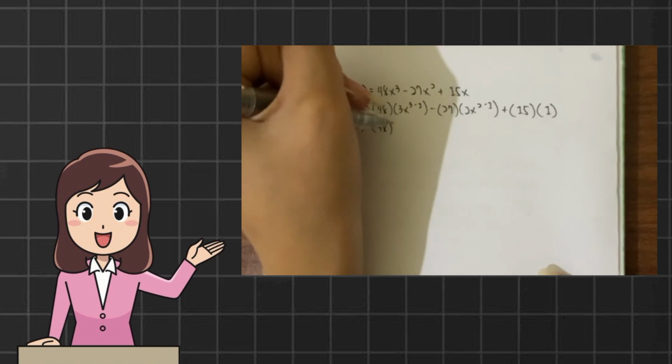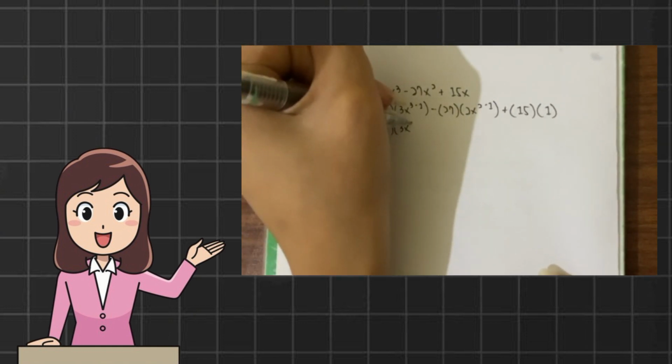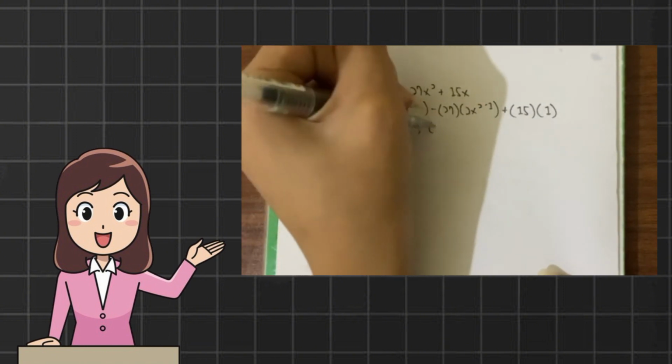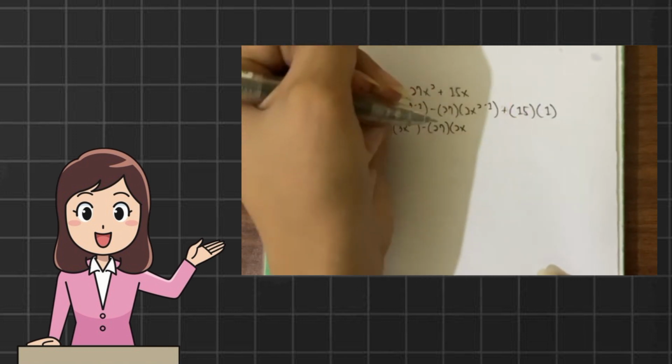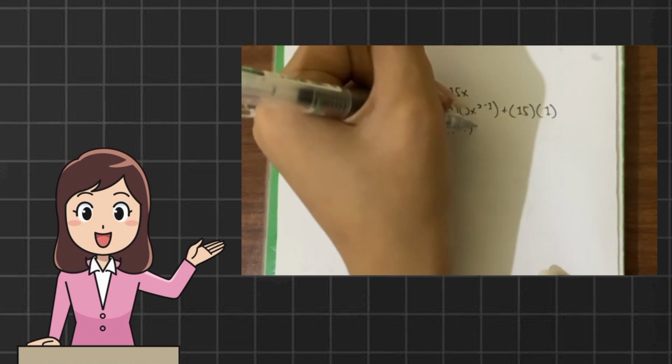48 times 3x, 3 minus 1 is 2, minus 27 times 2x, 2 minus 1 is 1. We can omit the 1.